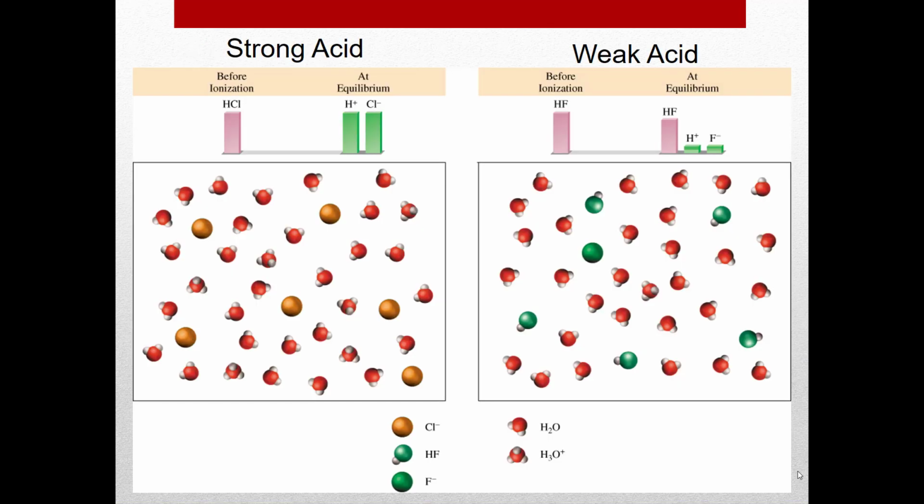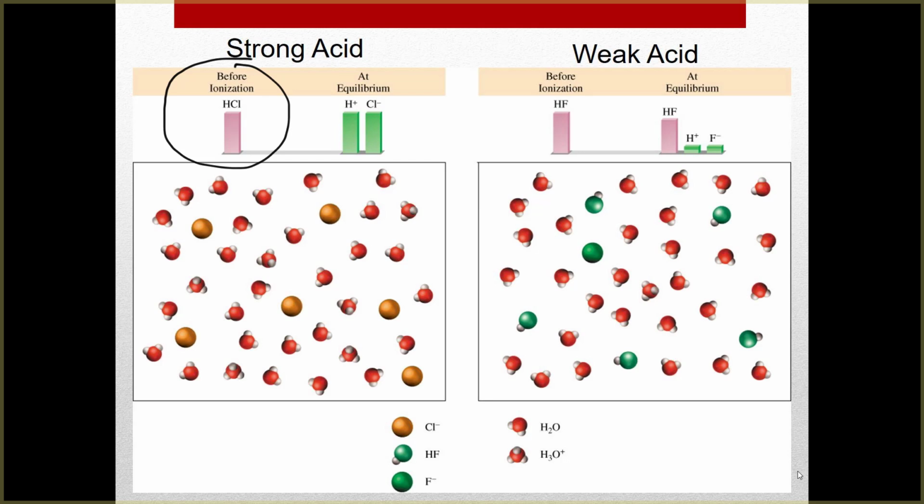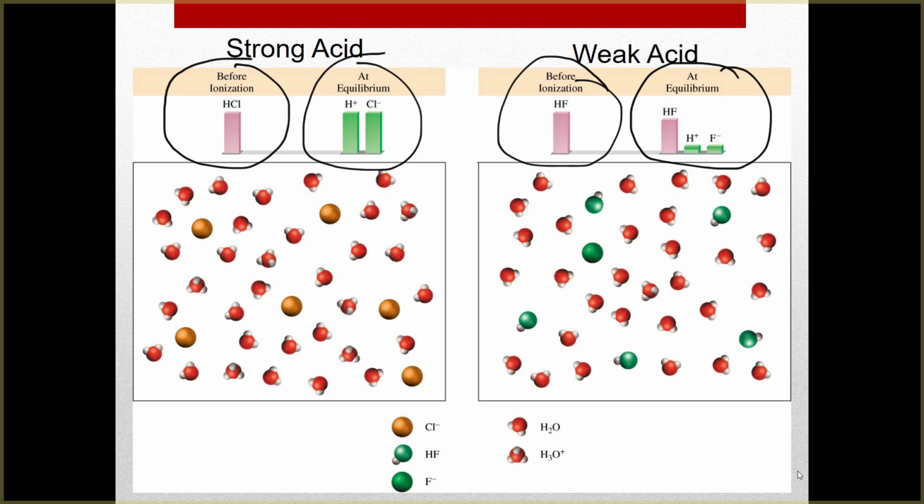Here's a diagram that again compares strong acid to weak acid. And you can see that your acid before and then your acid after, it looks very different. So it completely falls apart. Your weak acid is altogether before, but notice that when we're at equilibrium, we have everything that's in the equilibrium equation present. Most of it is still the acid, the weak acid that stays together, and you do have a little bit of ion.